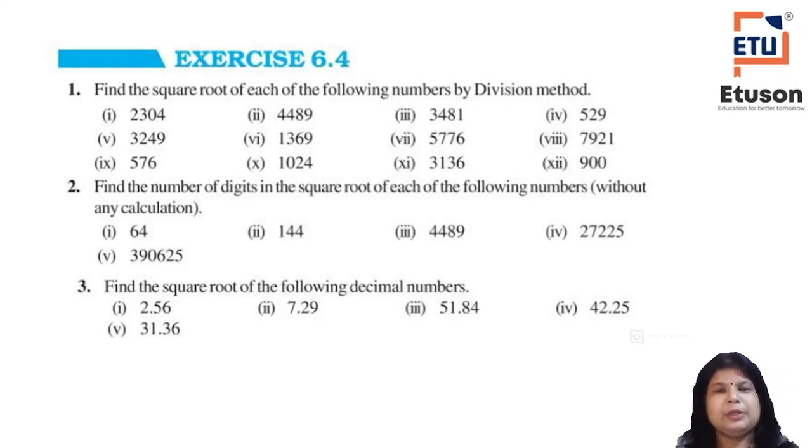I will be doing half of them and the rest will be homework for you. Let us start with exercise 6.4, question number 1. First, by the division method, we have to find the square root of this. I am doing all the odd bits.